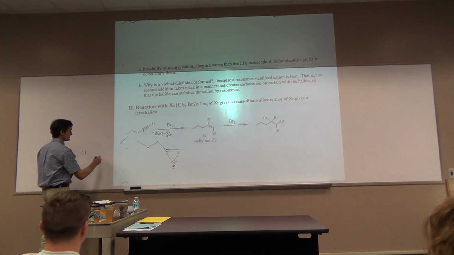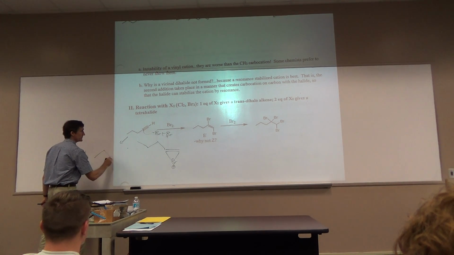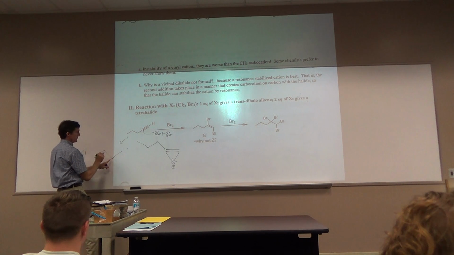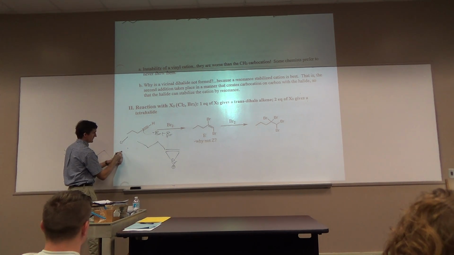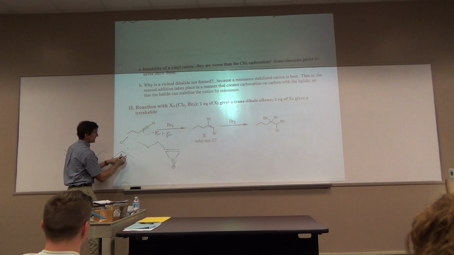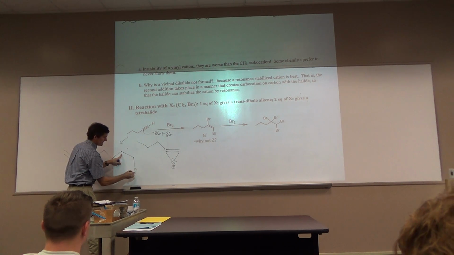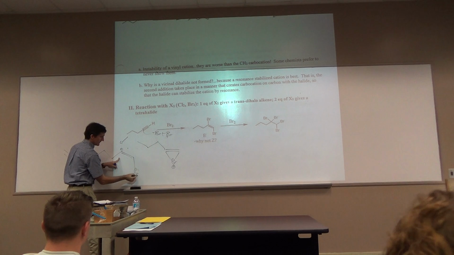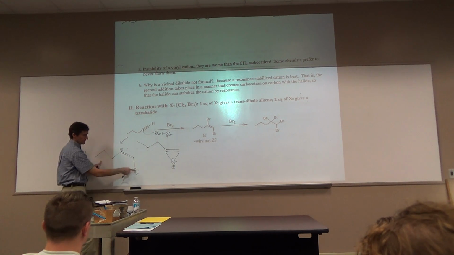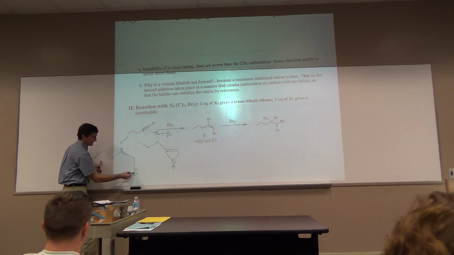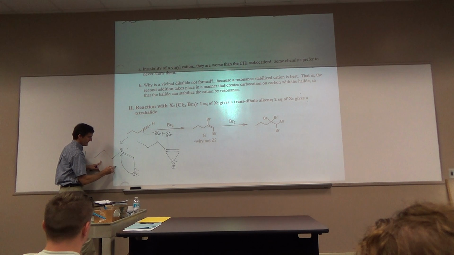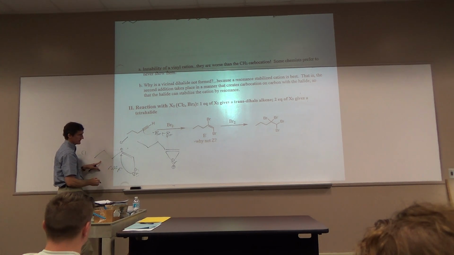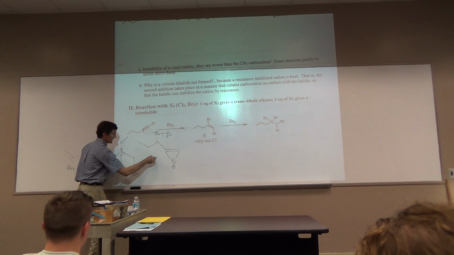What does that give? Boom, boom, boom. Now we have a bromine here. Double bond still there. We reacted the one pi bond and a positive charge. Okay. Is this going to exist or what? No. This is going to back bond. And when it back bonds, what do you get? You get that.